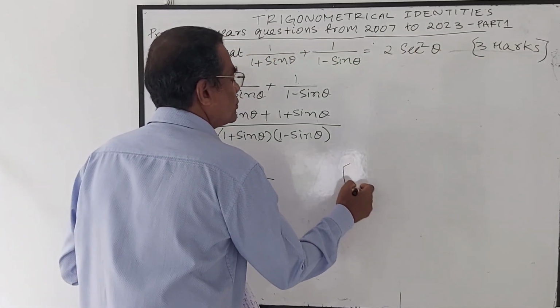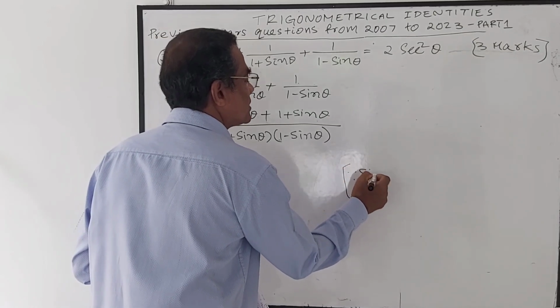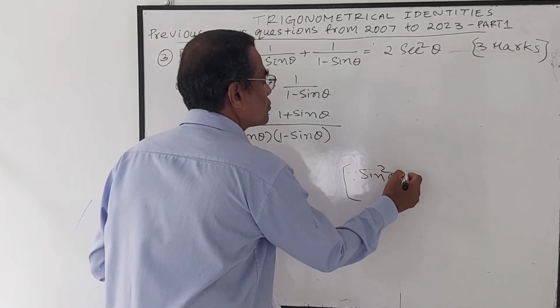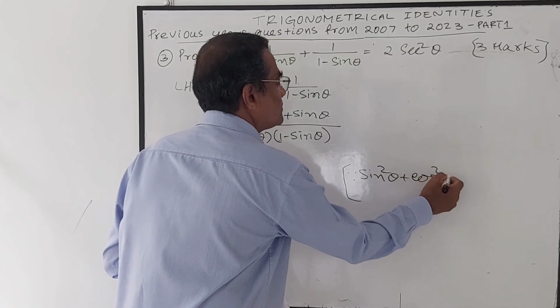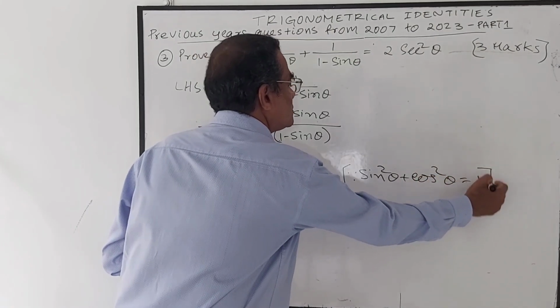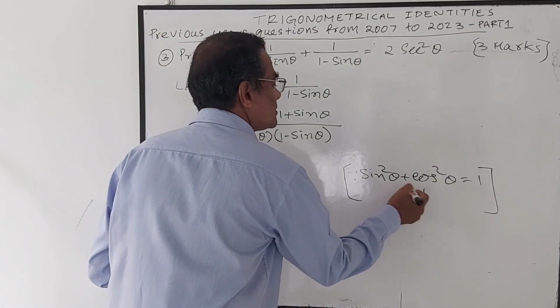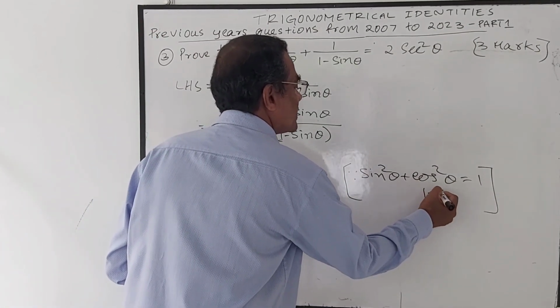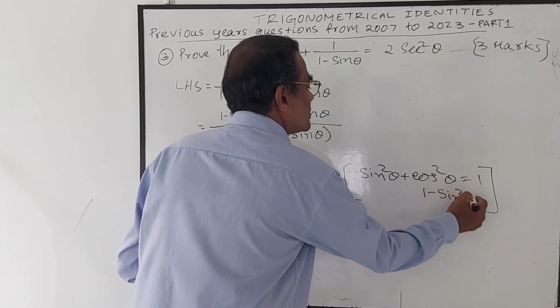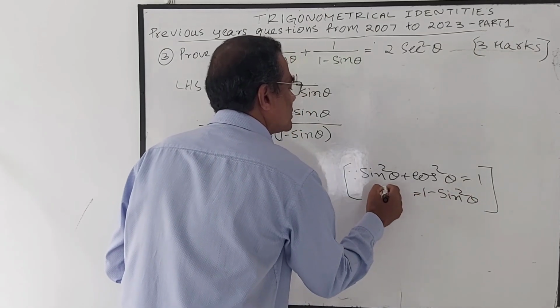The identity we need to use here is sin square theta plus cos square theta equal to 1. So 1 minus sin square theta: 1 is here, bring sin square theta here, 1 minus sin square theta will be cos square theta.